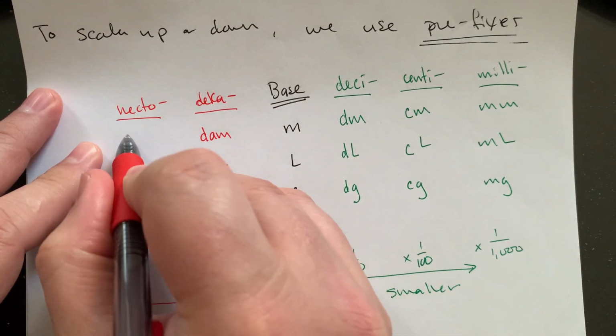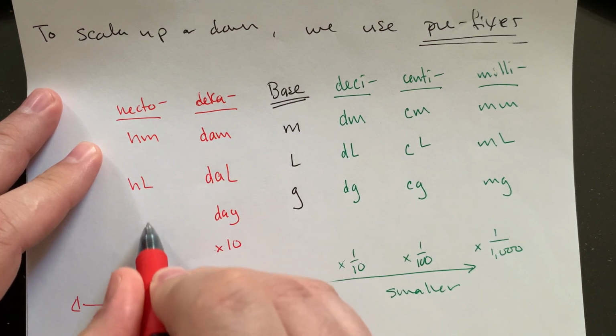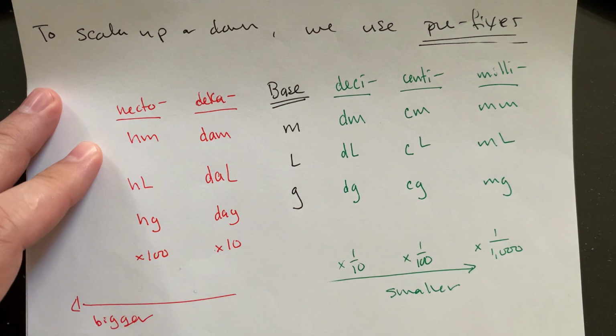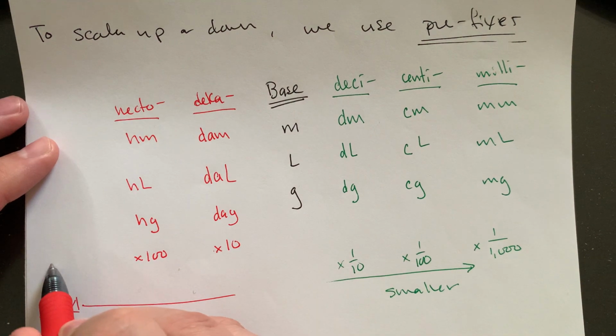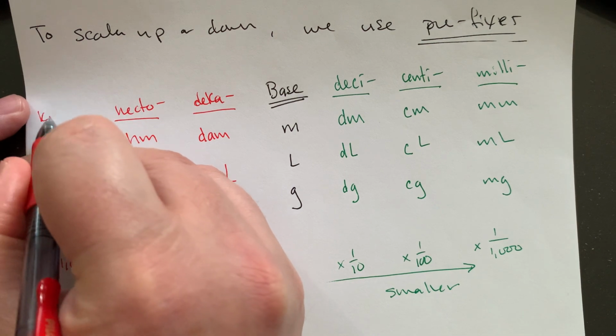We'll use H, so a hectometer, a hectoliter, or a hectogram. So 100 meters are needed to get to a hectometer, 100 liters to get to a hectoliter. It's 100 times bigger than the base unit. And then we'll go one more time up to 1,000 times, and that's going to be kilo.